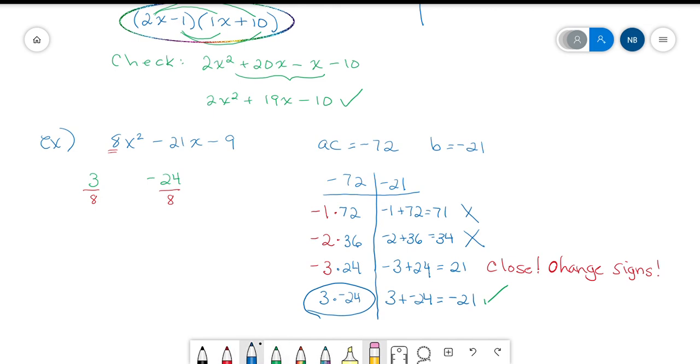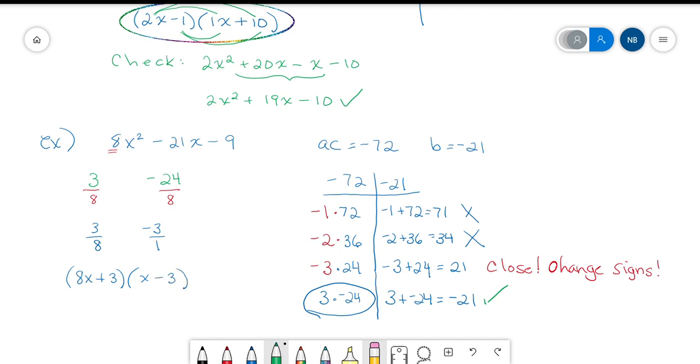We're going to reduce fractions. 3/8 does not reduce. Negative 24 over 8 reduces to negative 3. We're going to put it over 1 to make it a fraction. And now we're going to bottoms up. The bottom is 8x, the top is positive 3. The bottom is 1x, the top is negative 3.